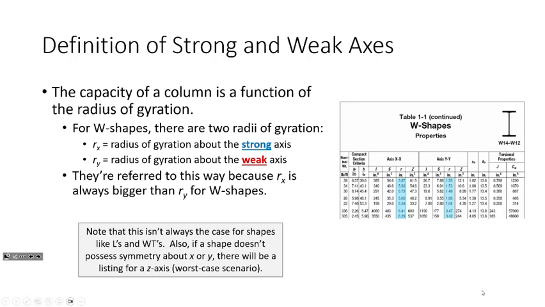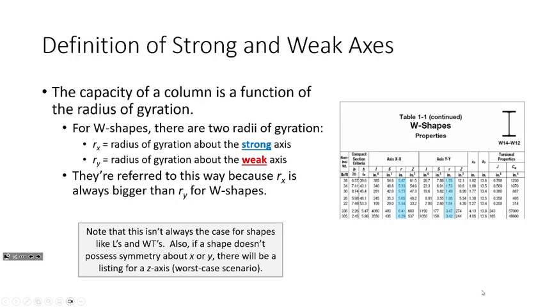Remember that whole parallel axis theorem, the moment of inertia is the sum of I plus Ad squared? The further away we can get material away from the centroid, the bigger the moment of inertia is. And the bigger the moment of inertia is, the stronger the section is under bending, okay? So that's why I shapes are the way they are.